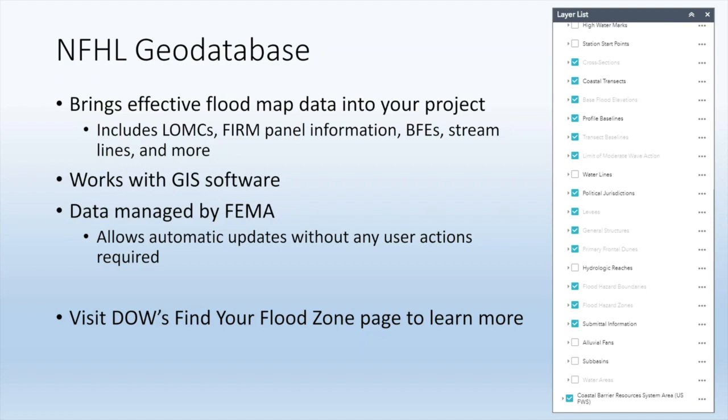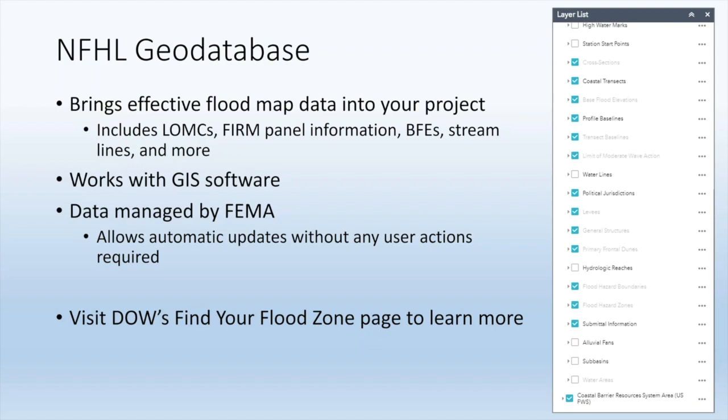The beautiful part about the National Flood Hazard Layer, though, is that the data is all managed by FEMA. So rather than you having this data stored locally on your hard drive, your C drive, or on a local server or something like that, FEMA manages all that data for you.